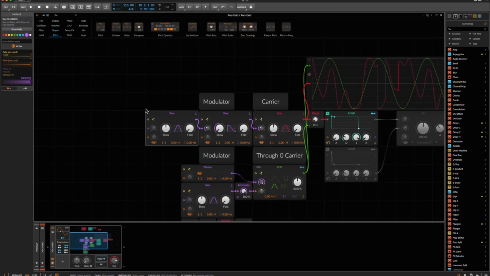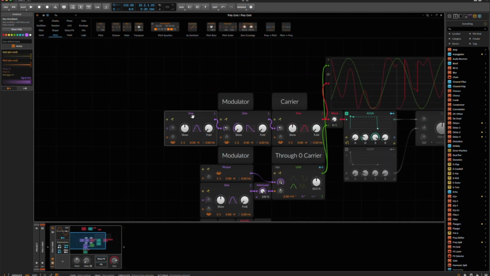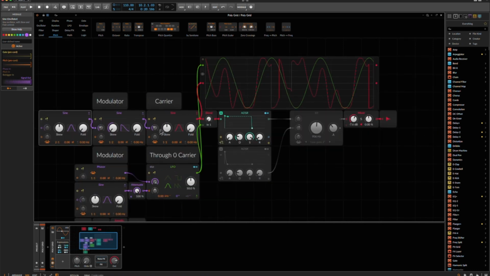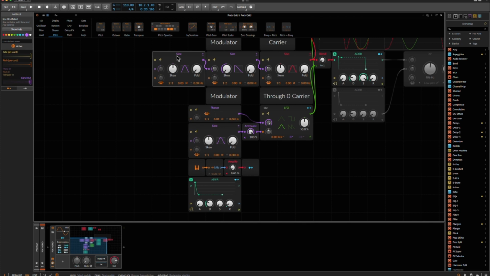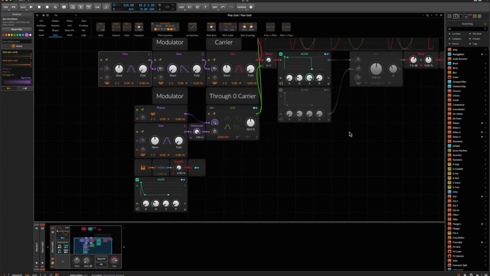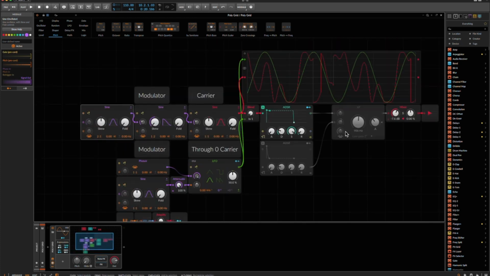Yeah, and then of course we can continue this. We can modulate the modulator of the modulator. We can combine through zero FM and then modulate the modulator with phase FM. Yeah, whatever our heart desires.